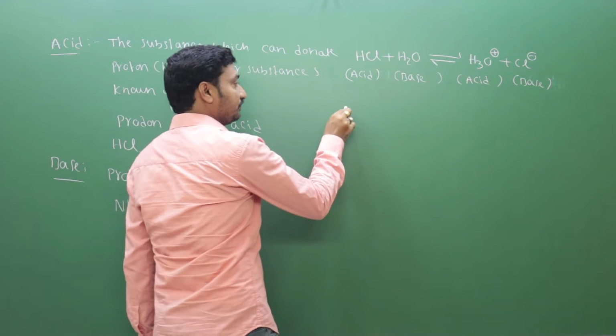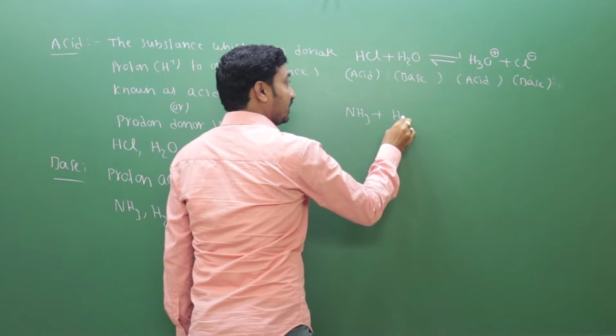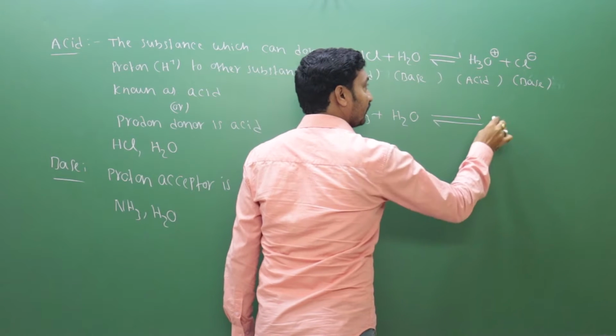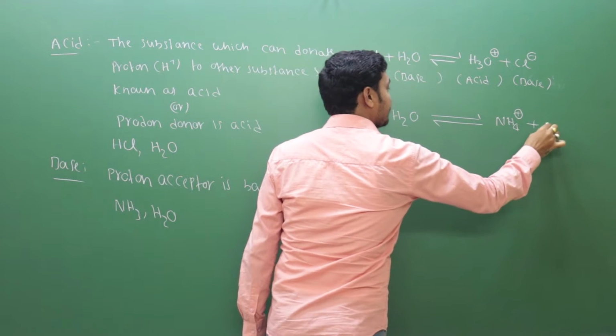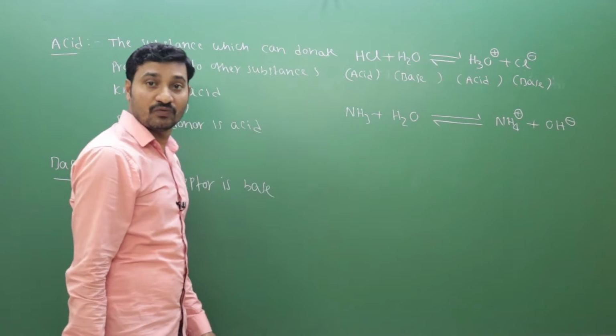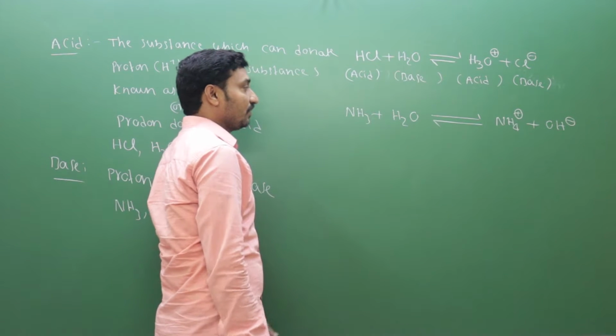One more example: NH3 plus H2O gives rise to NH4 plus OH minus. See in this reaction what happened? Which one donates a proton and which one accepts a proton?